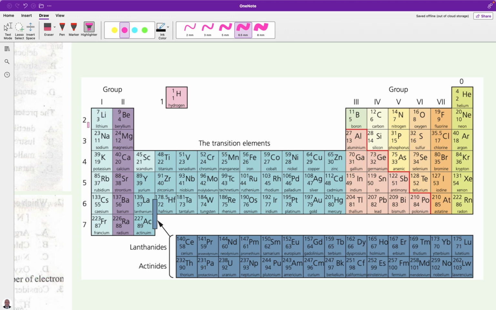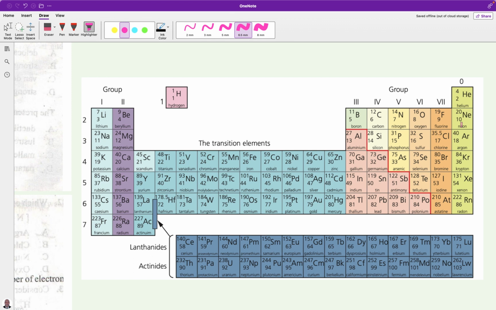On period 2, we have lithium, beryllium, boron, carbon, nitrogen, oxygen, fluorine, and neon. Even though other sections have been omitted, we have lithium, which is A, and the neon, which has been represented.